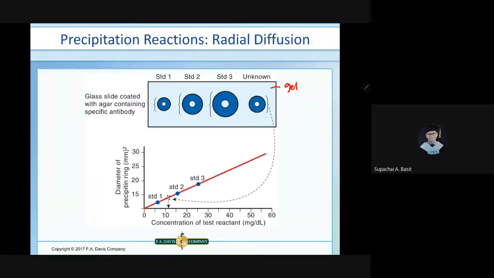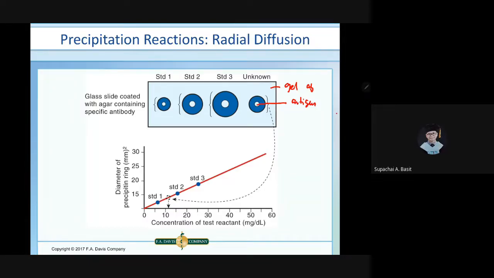So this is the gel, and the gel contains antibody, and the antigen is applied in the cup. There would be a hole.